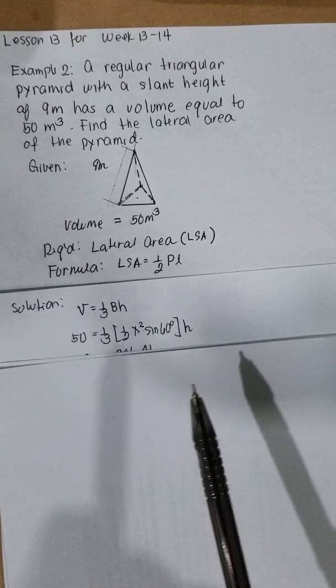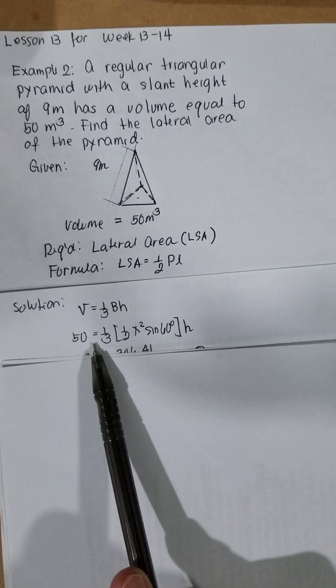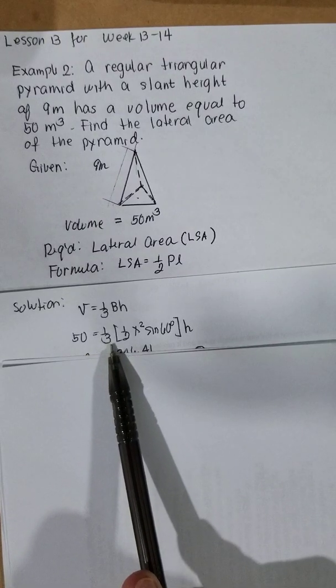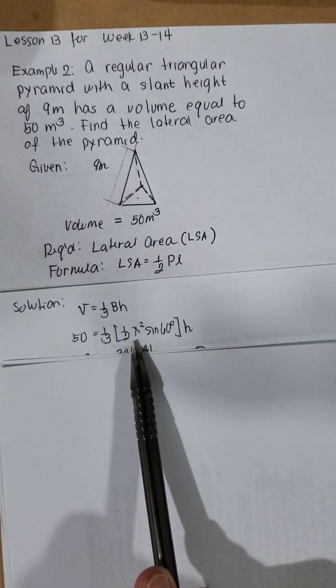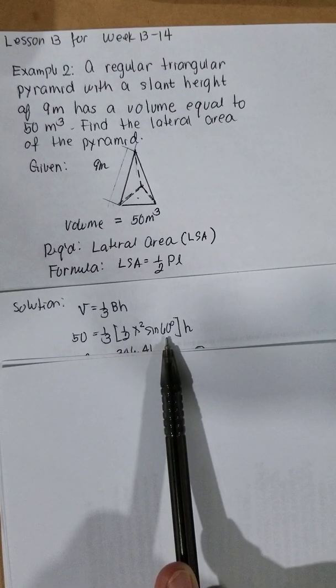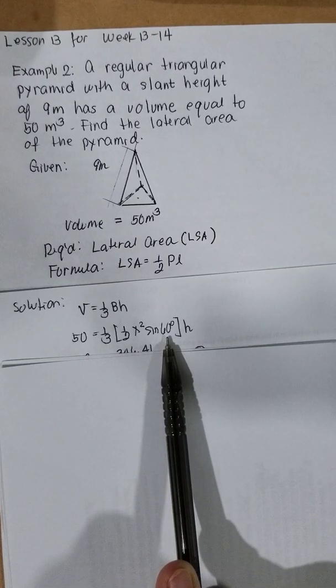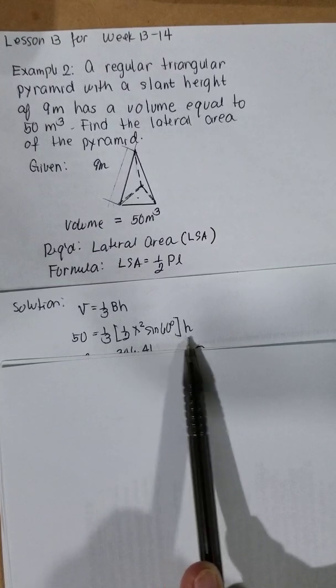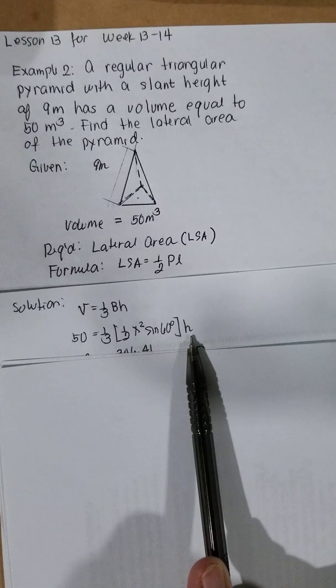Thus, we have 50 is equivalent to 1/3 multiplied by 1/2 x squared sine 60 degrees. Since we have two unknown sides and an included angle of 60 degrees, we multiply the whole quantity by the height h.